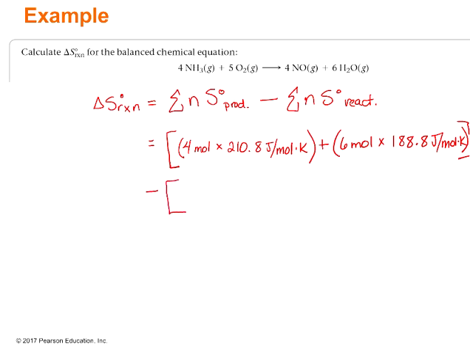So let's start with ammonia. There are 4 moles of ammonia, and the standard molar entropy of ammonia is 192.8 joules per mole Kelvin. And for oxygen, we have 5 moles, and the standard molar entropy is 205.2.